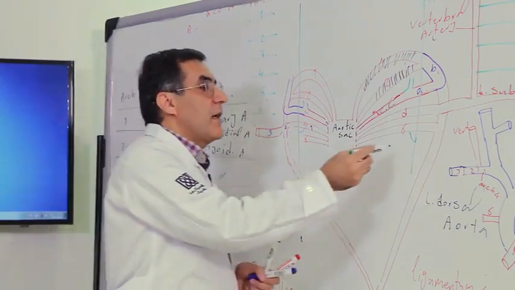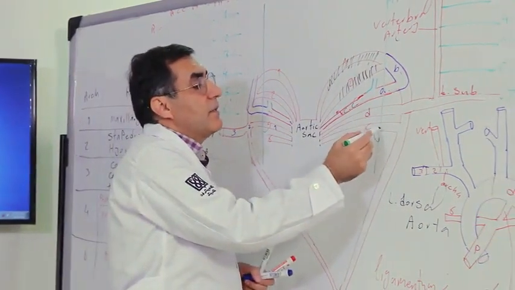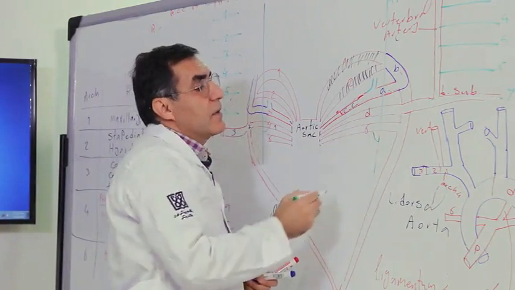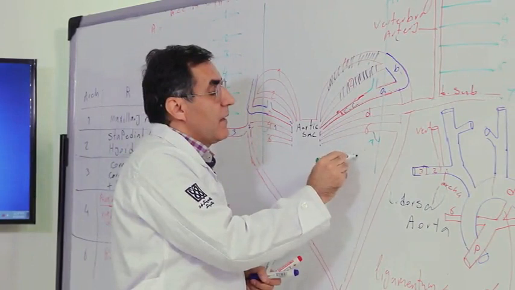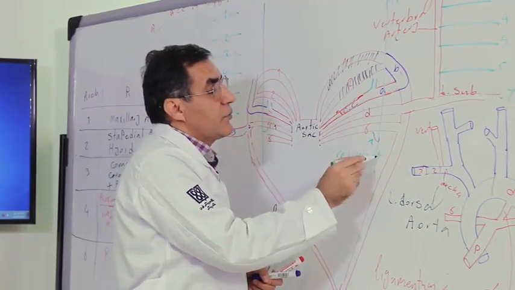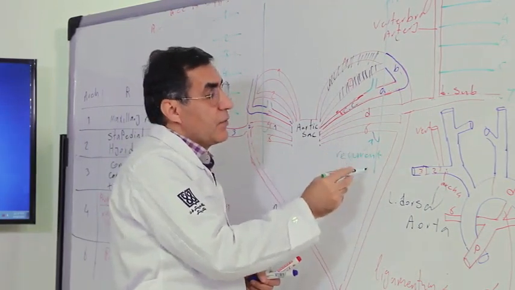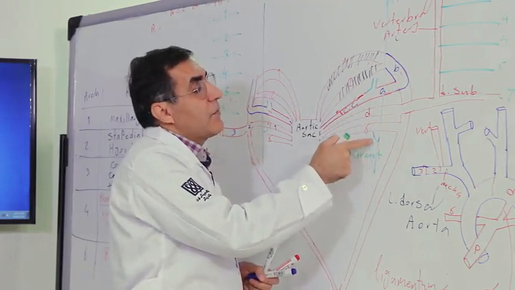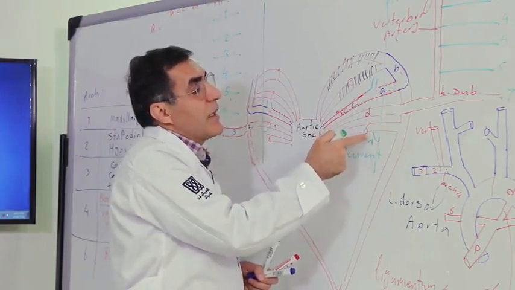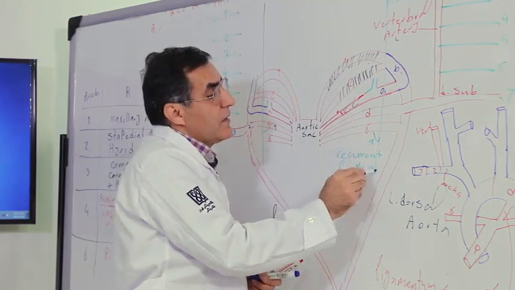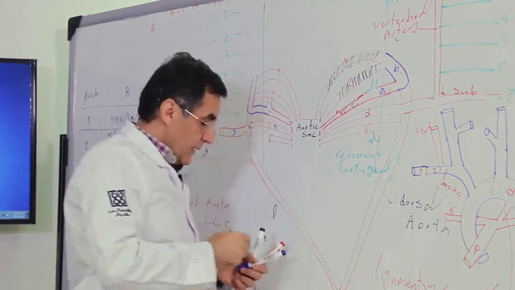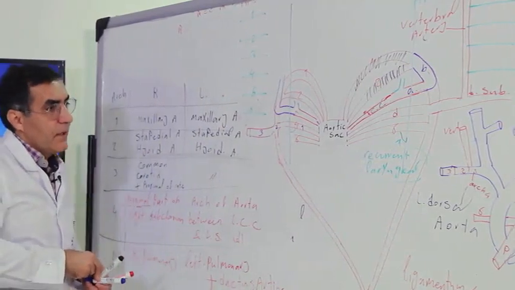But on the left side, as a result of the remaining distal part of the sixth arc, the recurrent laryngeal nerve is a thoracic branch of the vagus. It means that it arises from the thorax region. This is one important point in anatomy.